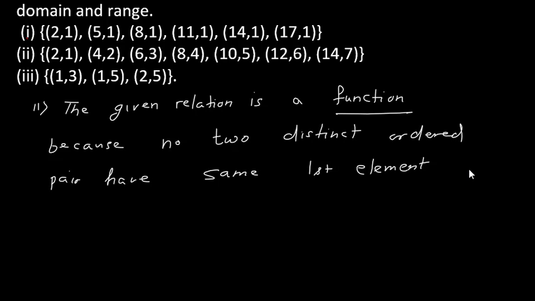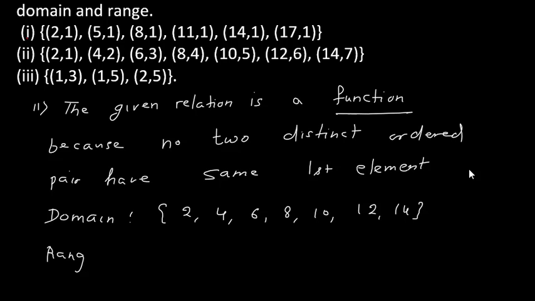Now we will define domain. So domain, here we have 2, 4, 6, 8, 10, 12 and 14, and we define range. So in range you have 1, 2, 3, 4, 5, 6 and 7. This is range.